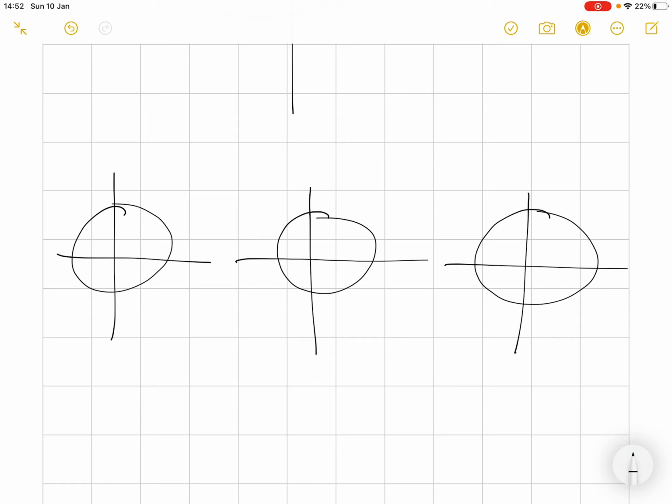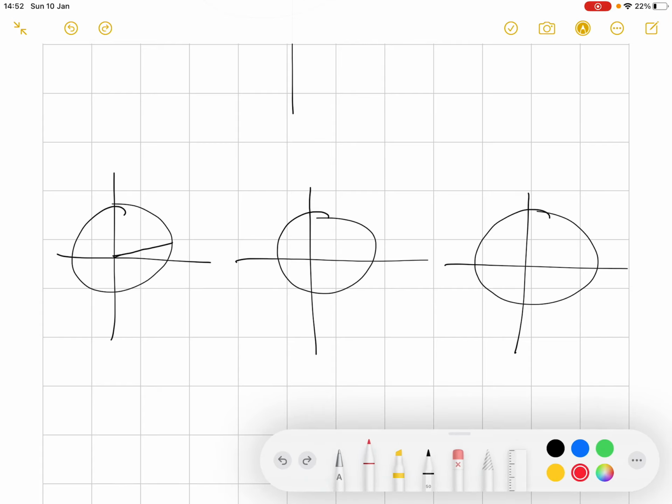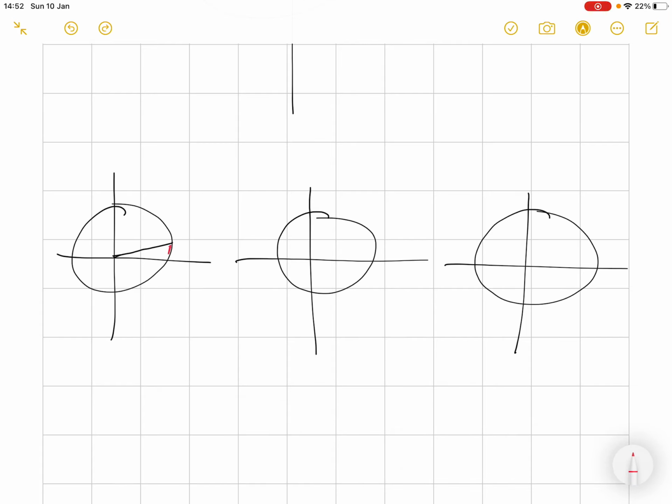So first of all, let's make theta really small. This is still length 1, and then we have sine of theta there, and we have cos of theta there.